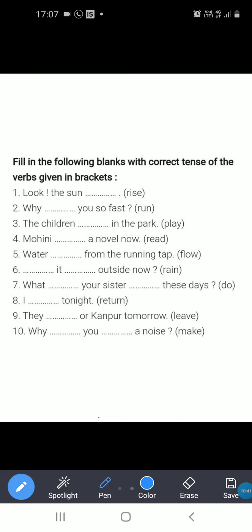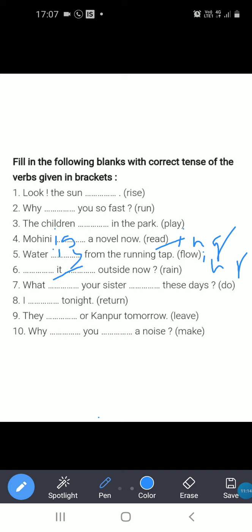Yes, we will use is. Mohini is reading a novel now. Water is singular. Water is flowing, ing. Water is flowing from the running tap.